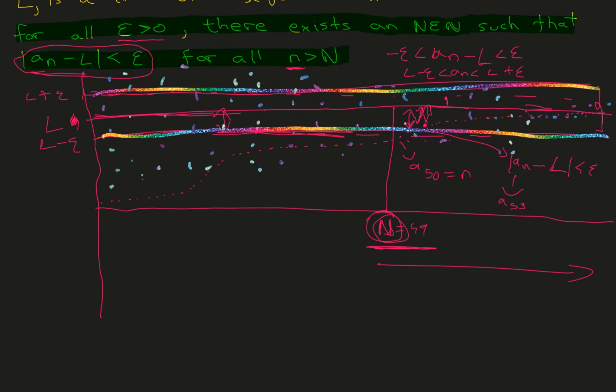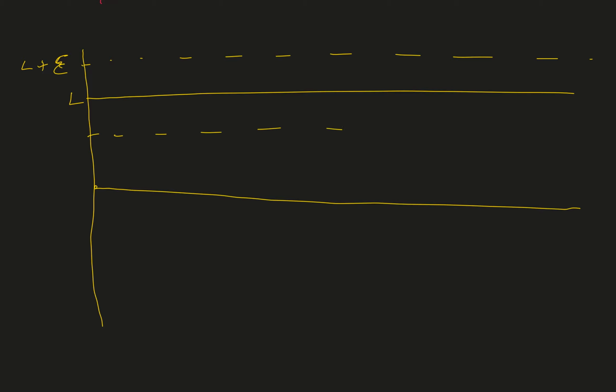Let me explain it once more with a neater looking graph to make this more clear. If we have a sequence this way, and if we have L this way, and epsilon, L plus epsilon, L minus epsilon, it doesn't matter what the sequence does at the start.